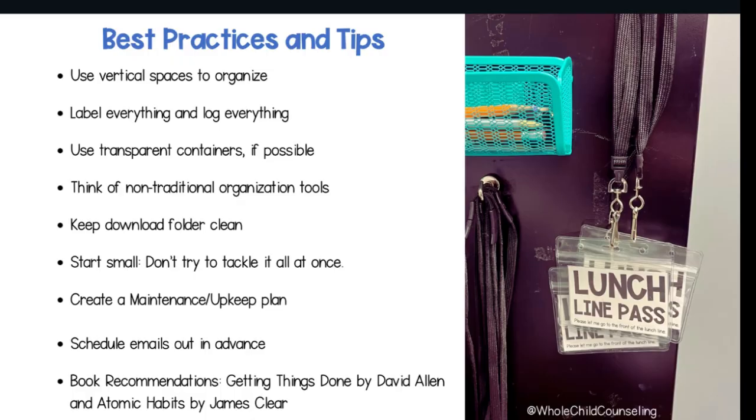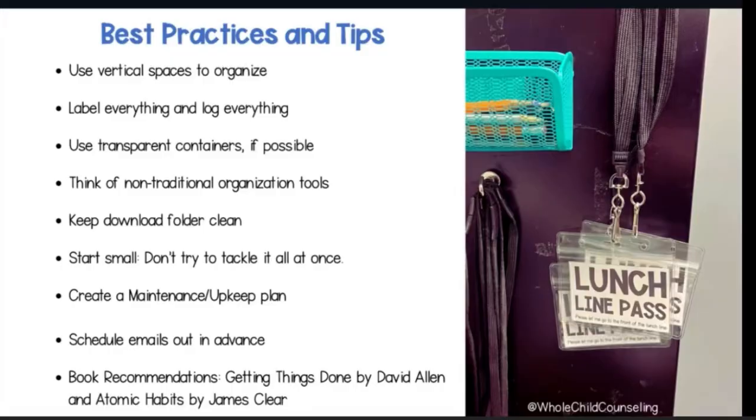You can think about scheduling emails out in advance, and some email systems even have a send later button. I know Google does. And book recommendations I want to give you are Getting Things Done by David Allen and Atomic Habits by James Clear.